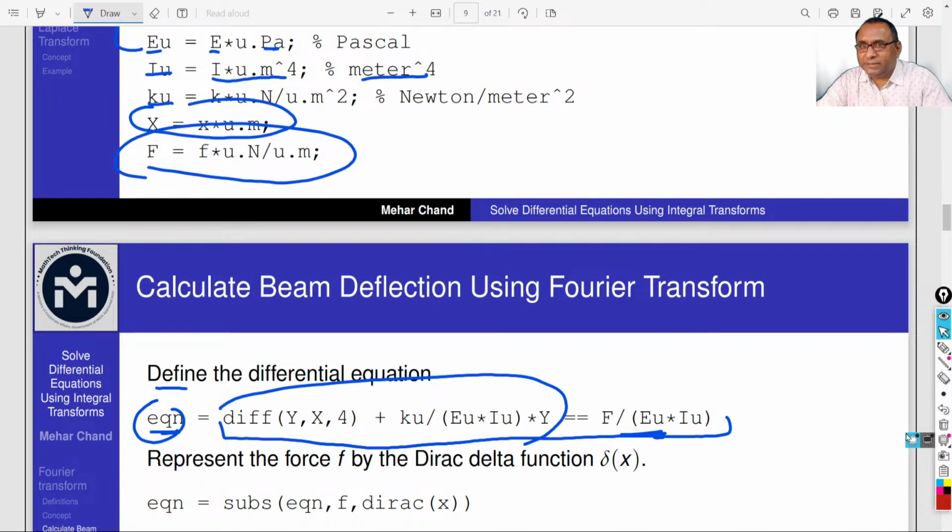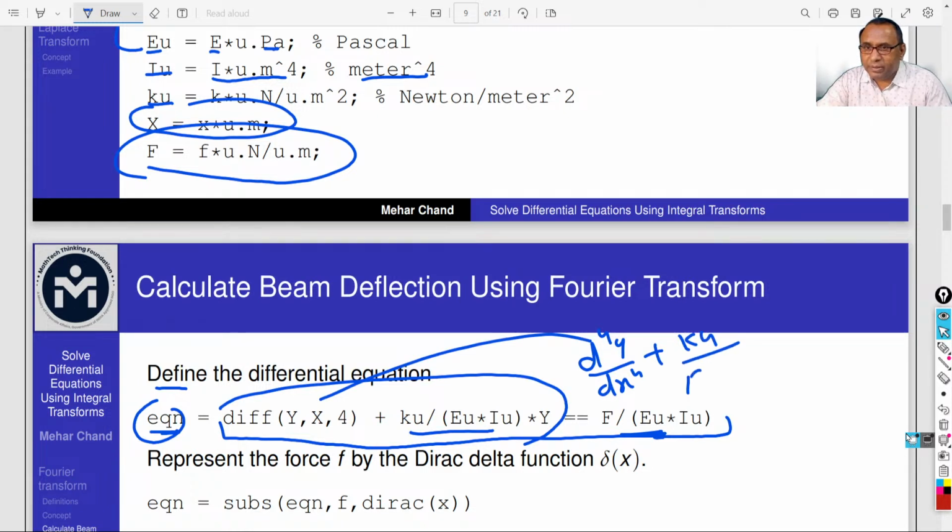You can see we have d4y upon dx4, and then we have ku upon eu into iu product y, is equal to f upon au into iu.